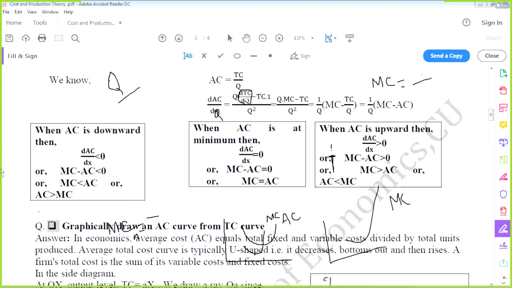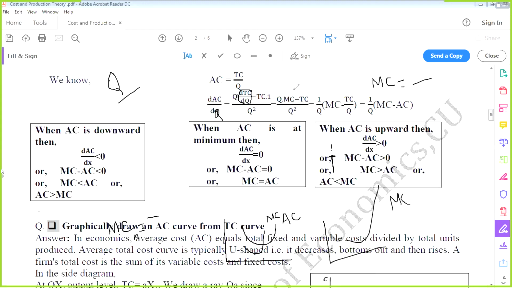Q into marginal cost minus TC, because when we differentiate Q, it is 1. So minus TC. It means Q MC minus TC by Q squared.